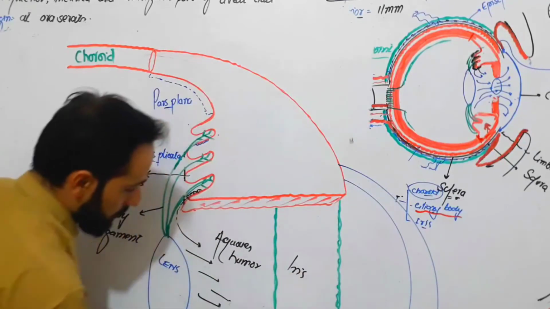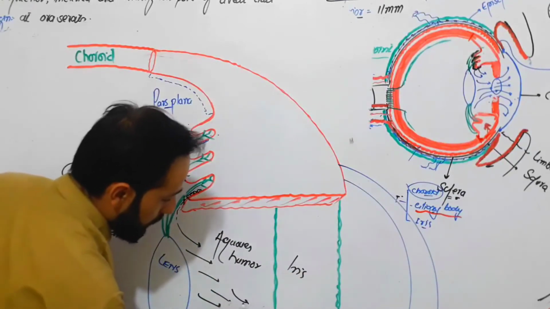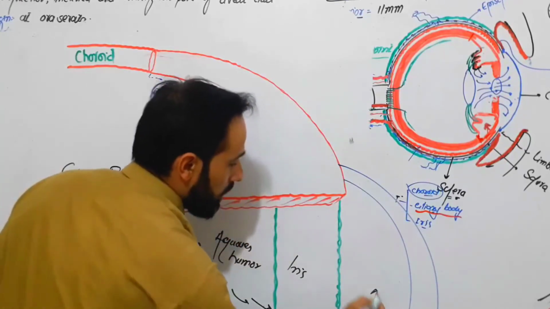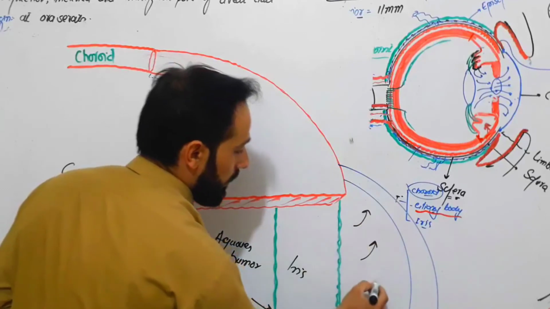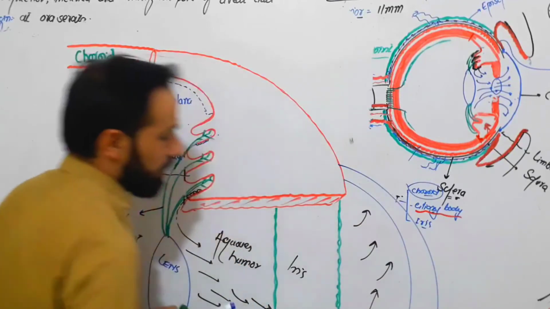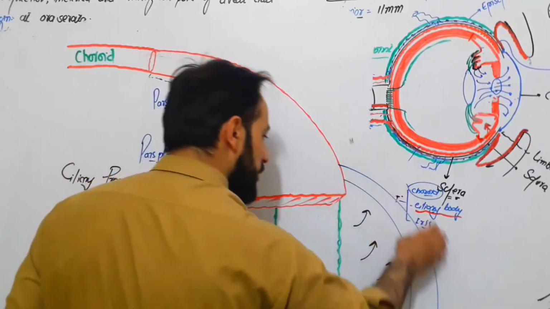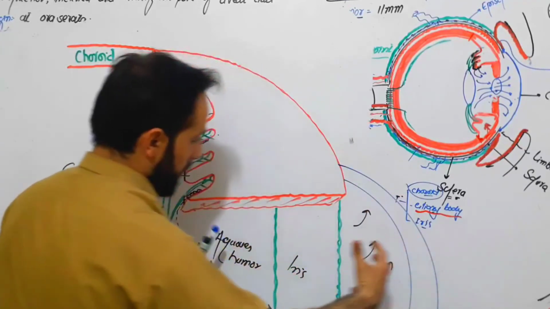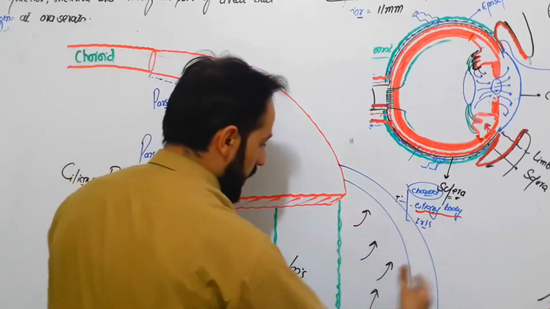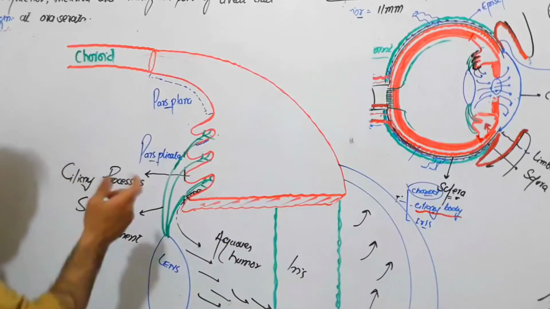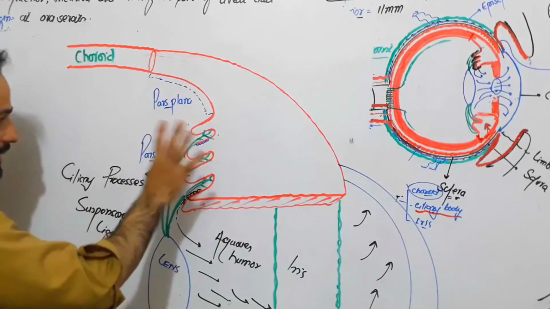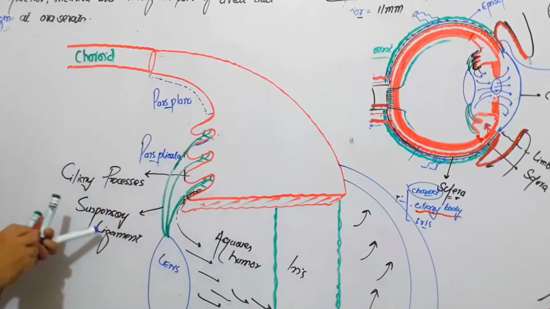This is your iris, and then this fluid moves through the pupil to the anterior chamber of the eye like this, and it helps to nourish the cornea, and it helps to hold the shape of the eye properly, right? Done. So this is your pars plana and this is your pars plicata. Done. Now let's go further forward.